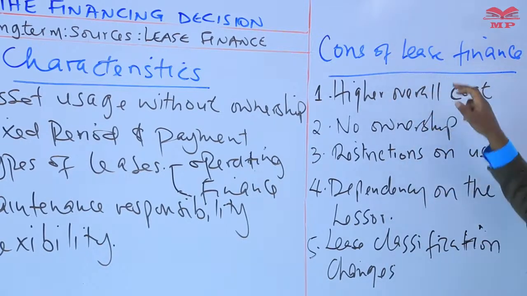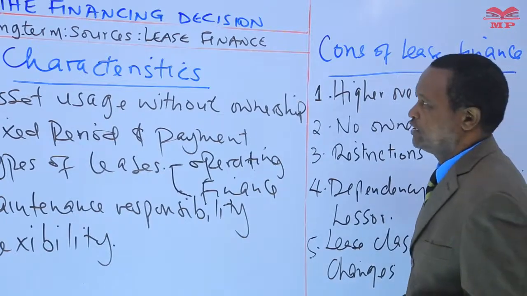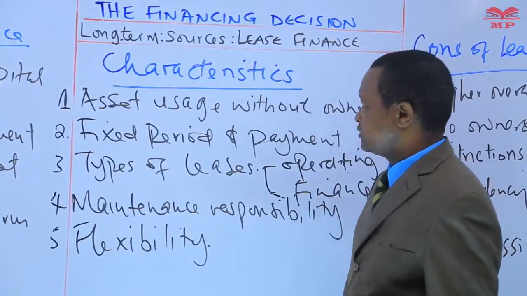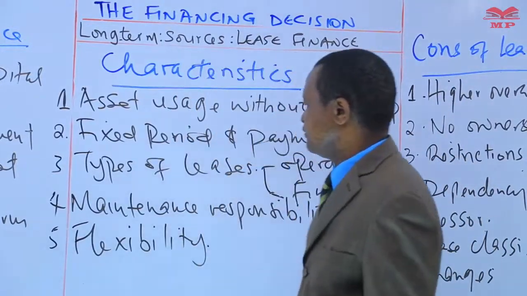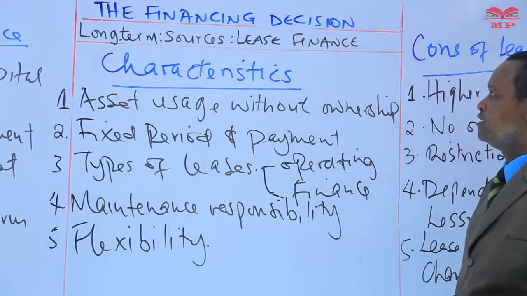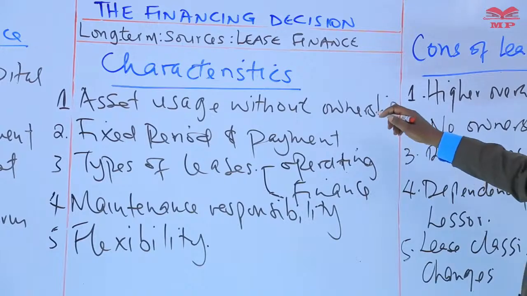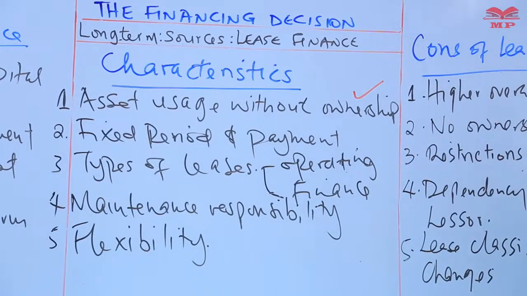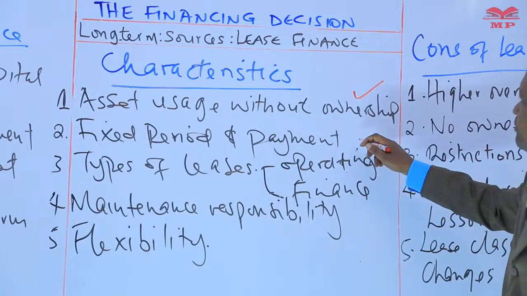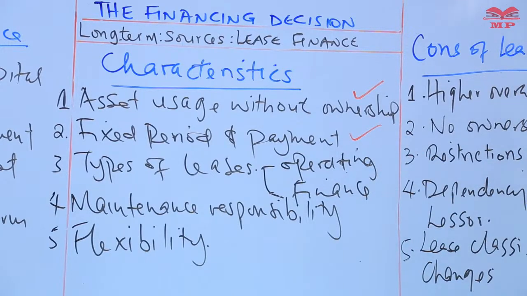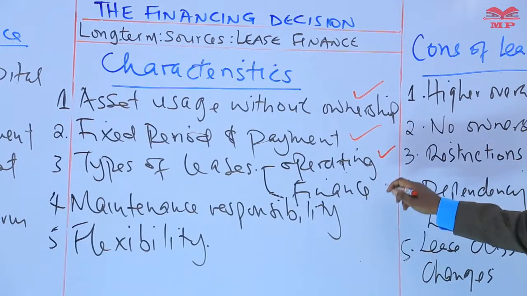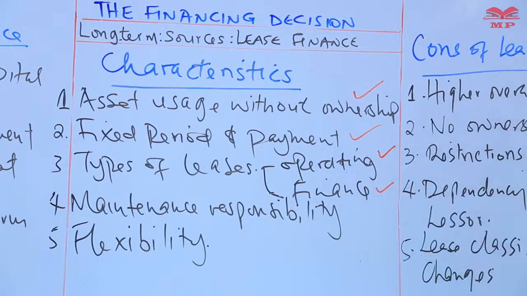disadvantages of lease finance. We've identified 5 benefits of lease finance. We've also highlighted 5 characteristics of lease finance. The first one being asset usage without ownership. There is a fixed period and payment that is a characteristic. Leases can also be classified as either operating leases or finance leases.